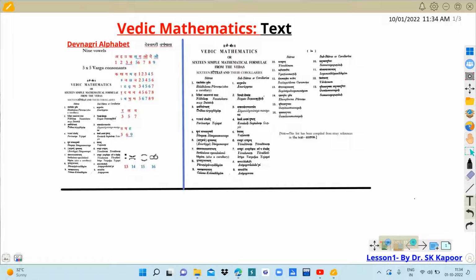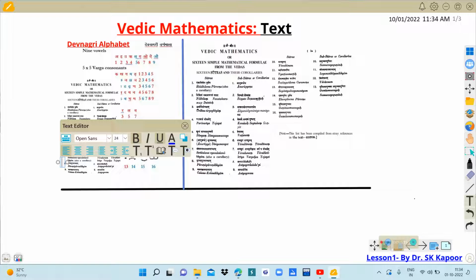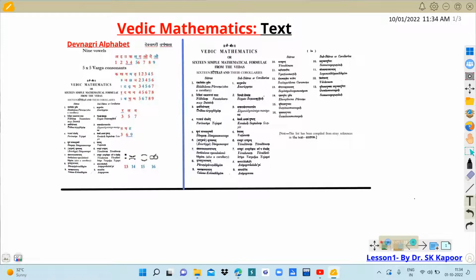Somehow here it is superimposed by the text part of the devnagri alphabet as it is of vowels, consonants and the yama letters.